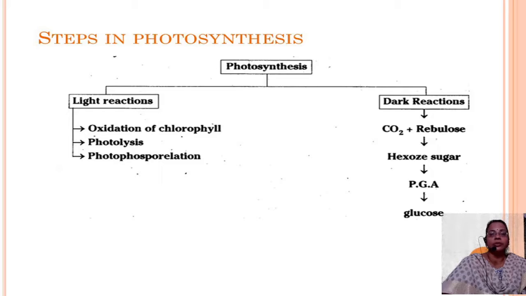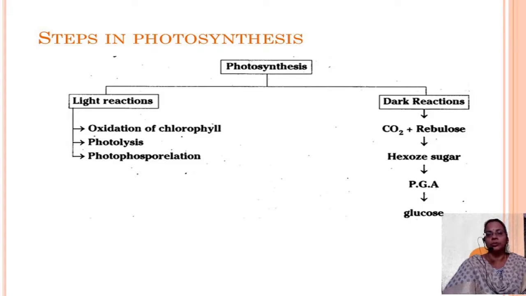Then all these steps take place in the presence of energy. The photophosphorylation means ATP will be produced. In the presence of ATP, carbon dioxide will be converted into a sugar molecule, that is hexose sugar only. Then finally it will result in glucose.